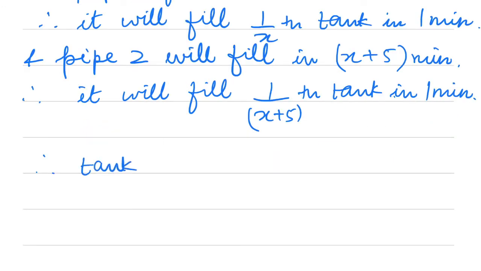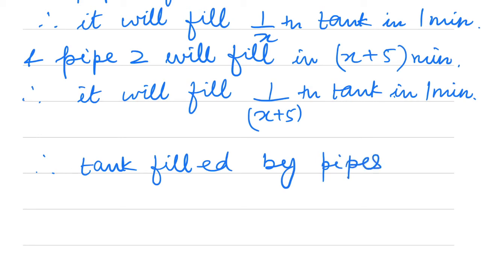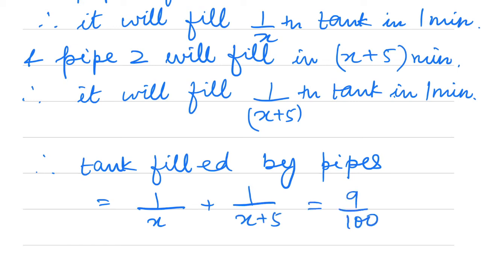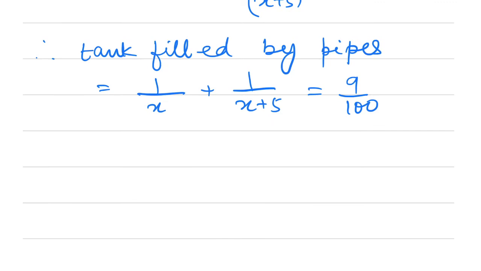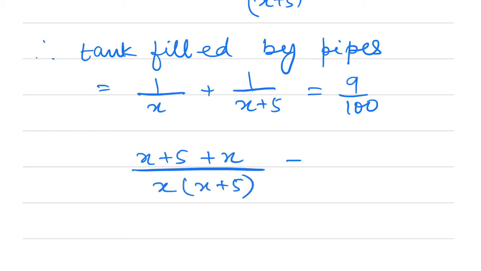Tank filled by both pipes is equal to 1 by x plus 1 by x plus 5 is equal to 9 by 100. So we have got the equation. Let's solve it. Taking LCM, we have x plus 5 plus x by x into x plus 5 is equal to 9 by 100.